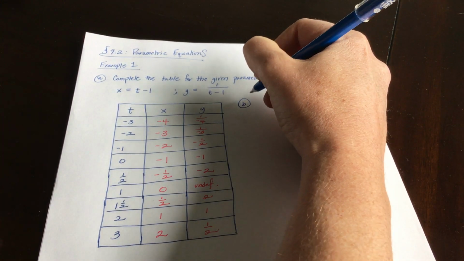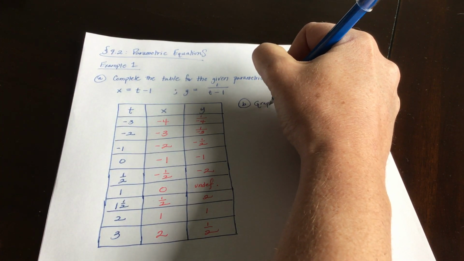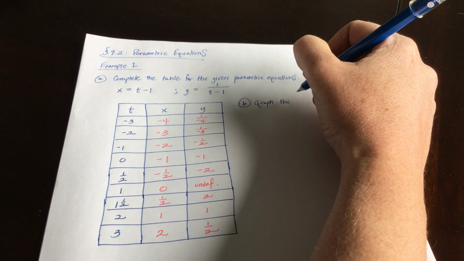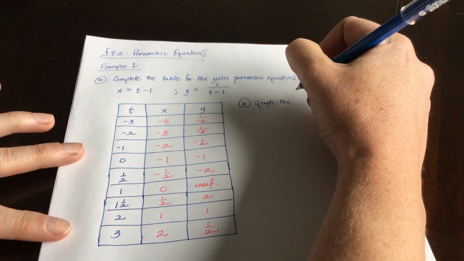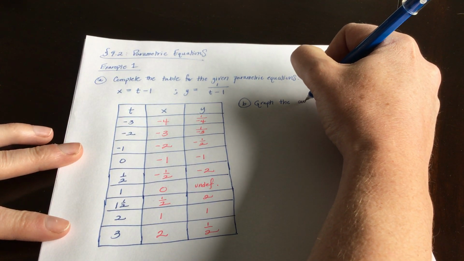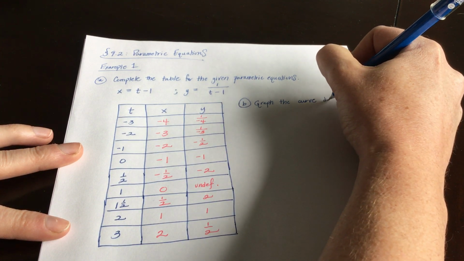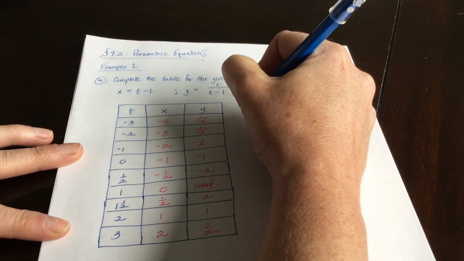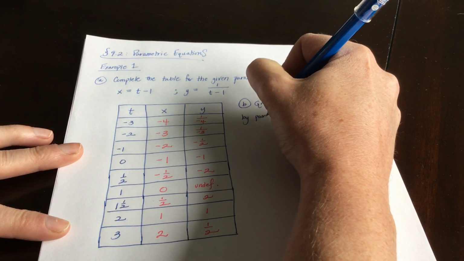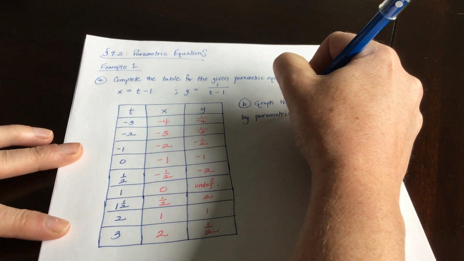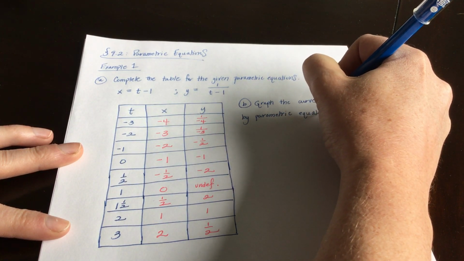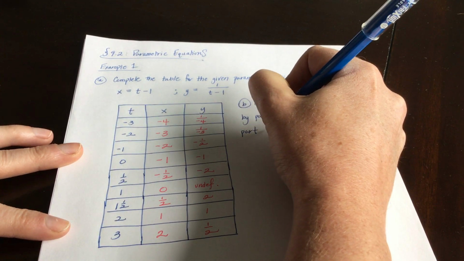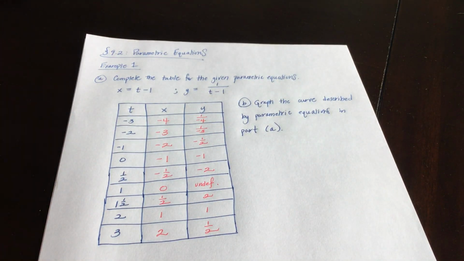The directions for part B are for you to graph the function, or actually I'll say graph the curve described by the parametric equations in part A. Okay.